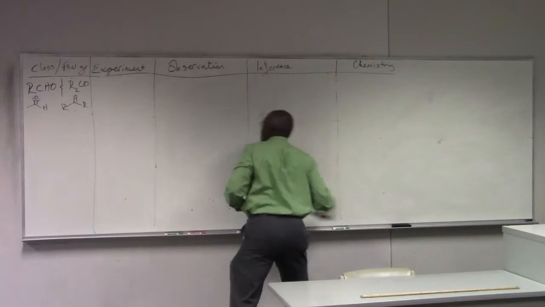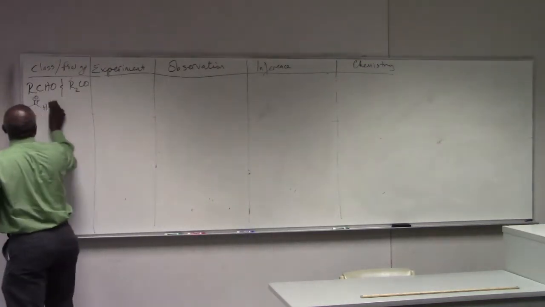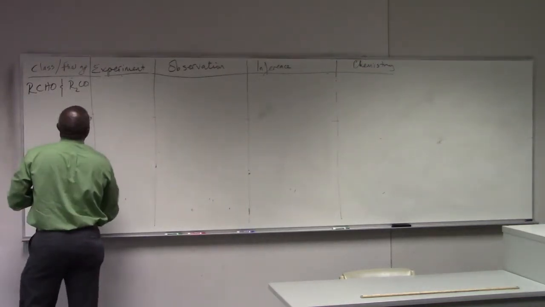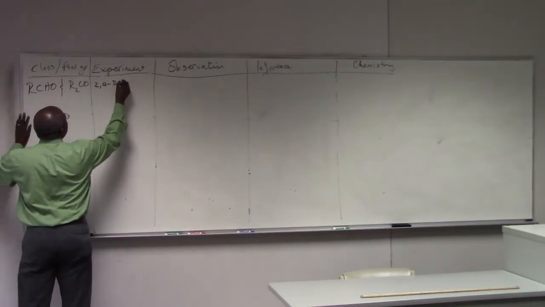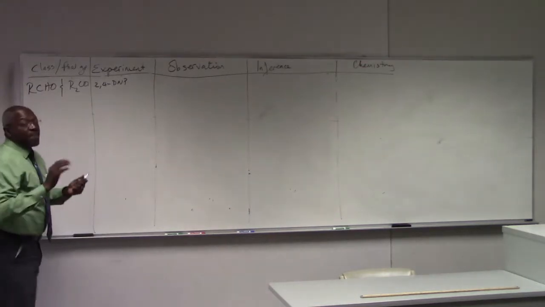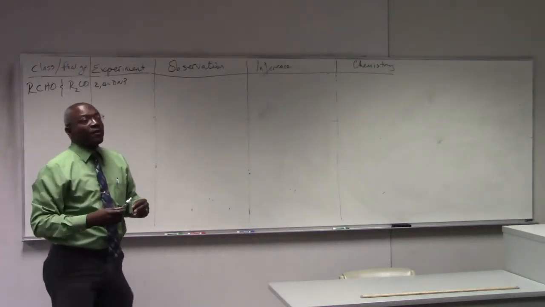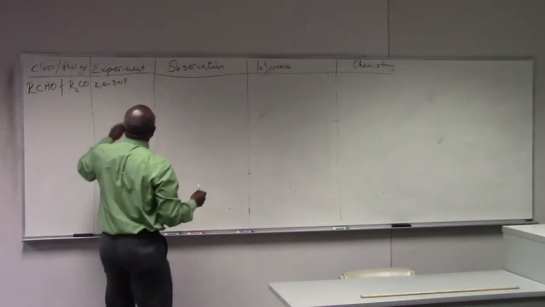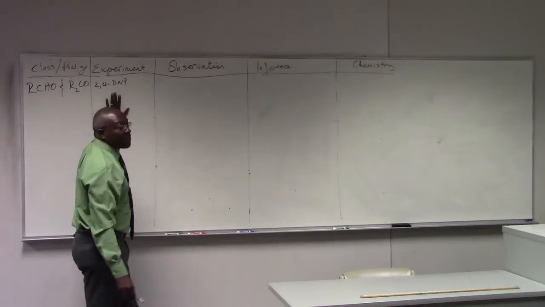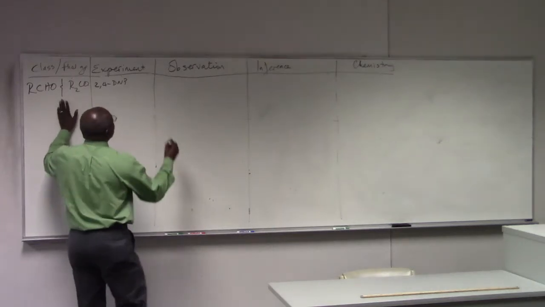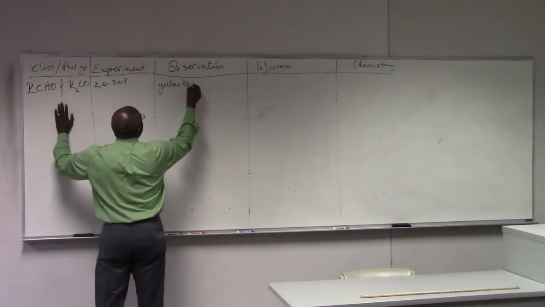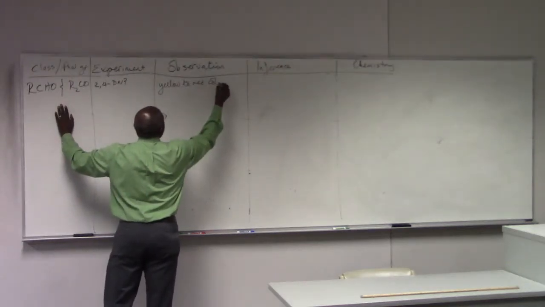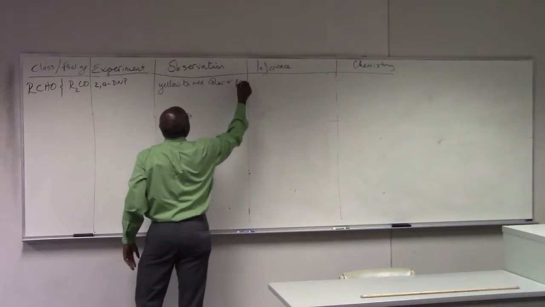So the tests for these, for the carbonyl group at the aldehyde level, is first of all 2,4-DNP. Now we met 2,4-DNP before. If we add 2,4-DNP to a compound we suspect to be an aldehyde or ketone, we get a yellow to red color or precipitate.